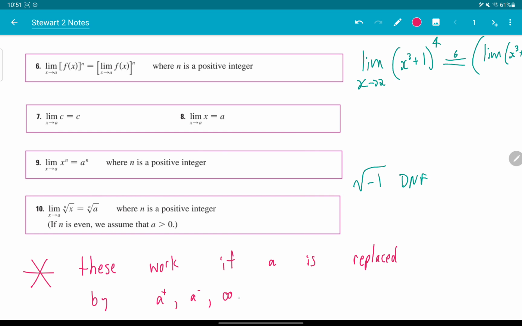And we'll see later we'll be doing limits at infinity and minus infinity. So all these things still work, provided, okay, there are certain issues you have to watch out for, right? Because if a is minus infinity, then you're going to have trouble with this guy here. So a few obvious things to watch out for, but in general, these limit laws work for one-sided limits and limits at infinity.